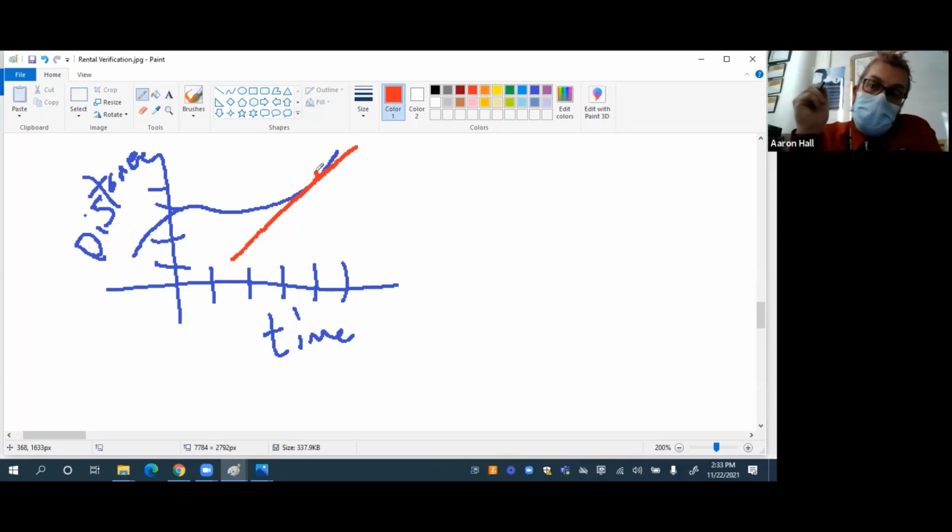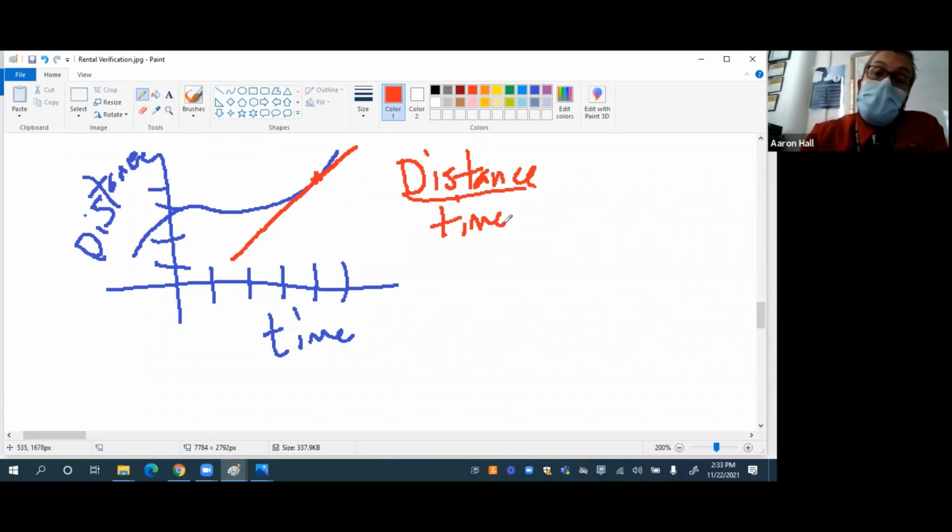What would the units be? What am I talking about when I ask for the instantaneous rate of change? What's the concept we're talking about? For this graph in particular, it's distance over time, which is velocity.